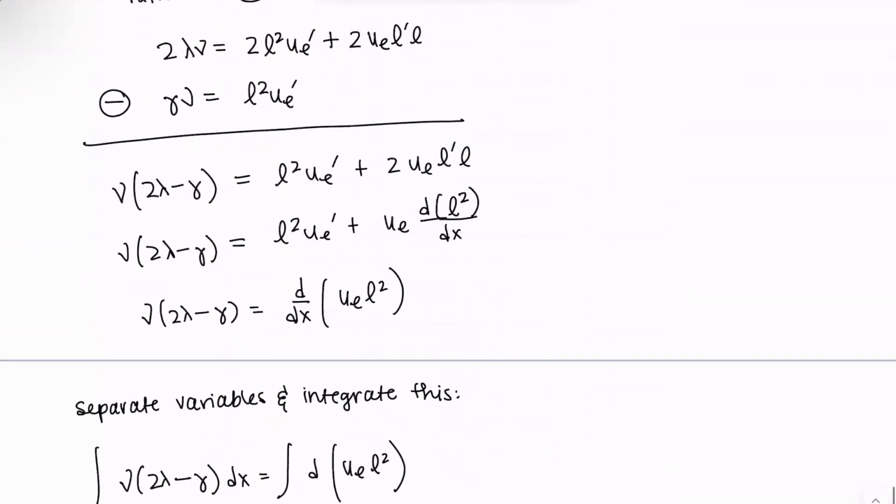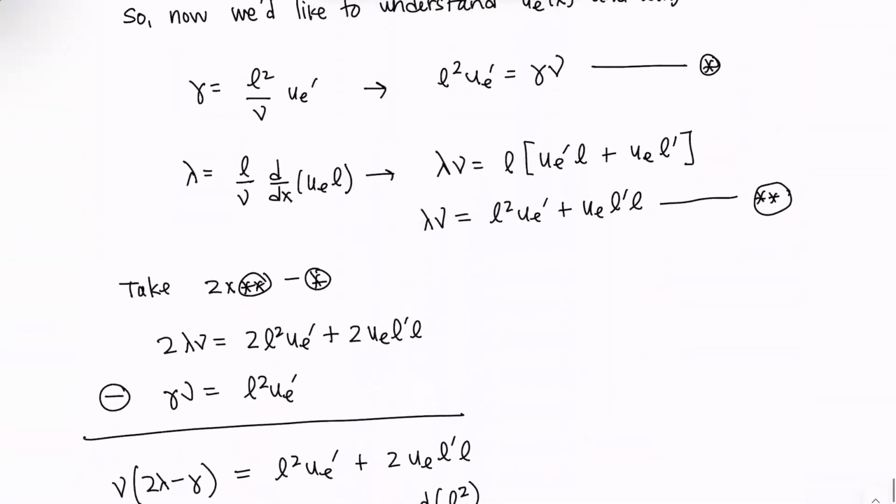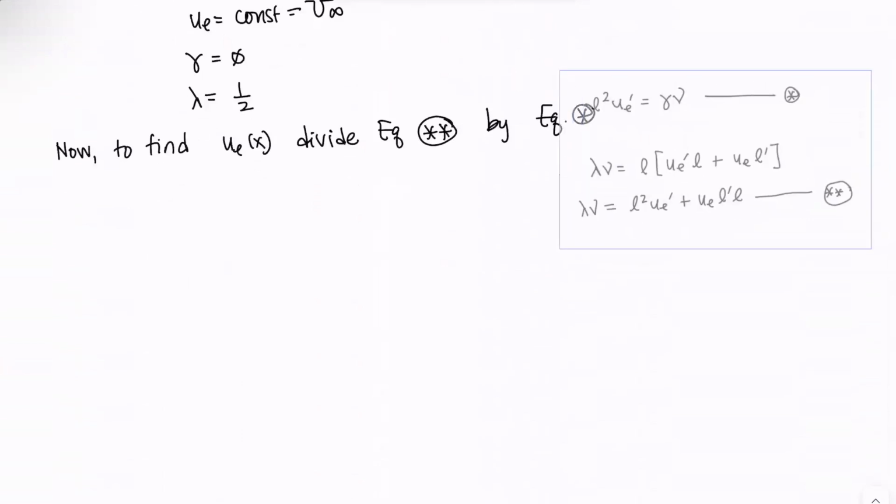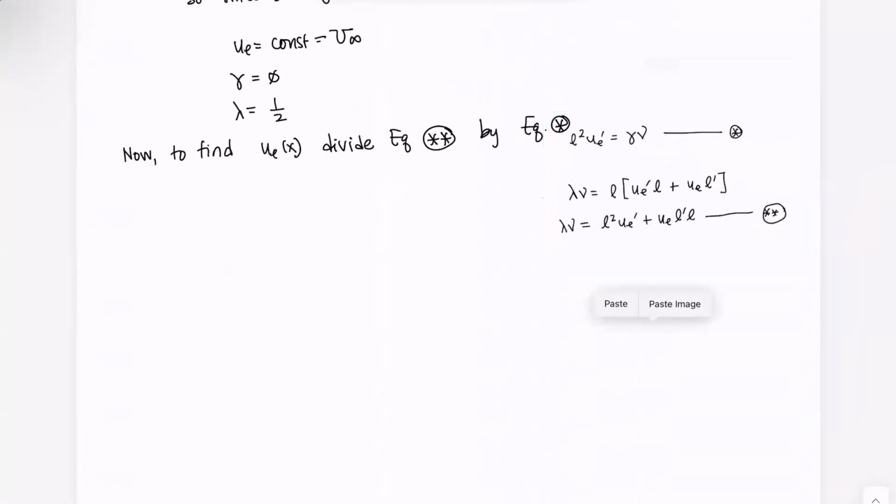So we have, where did equation star star go? I'm just going to copy this so I can read it off the other page easier. So we have nu lambda divided by gamma nu is equal to L squared UE prime plus UE L prime L divided by L squared UE prime.